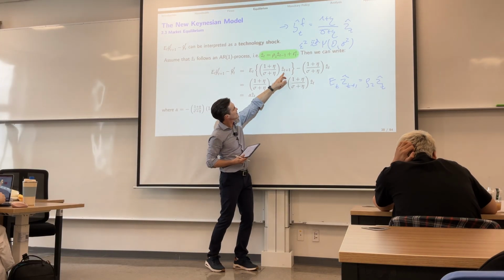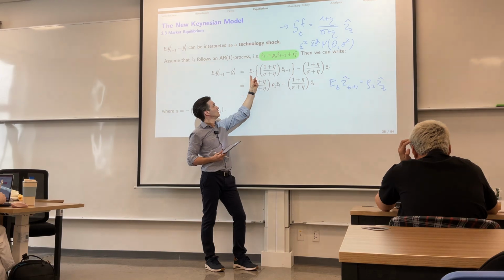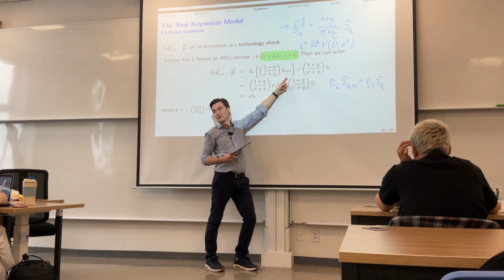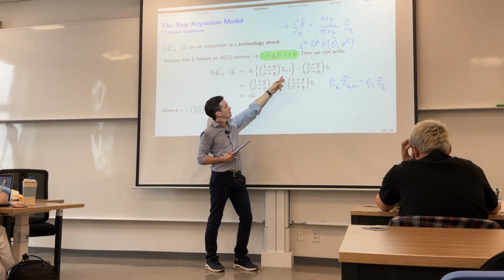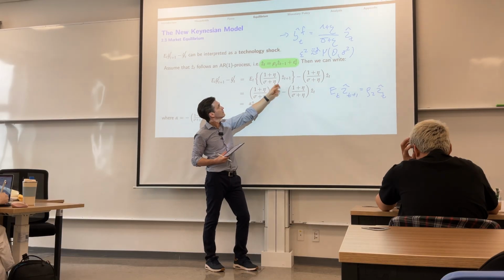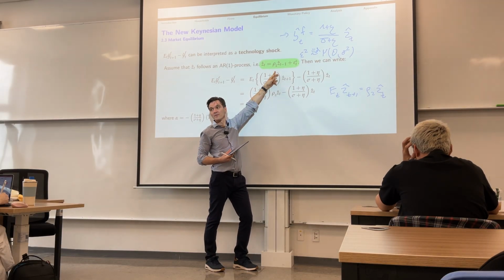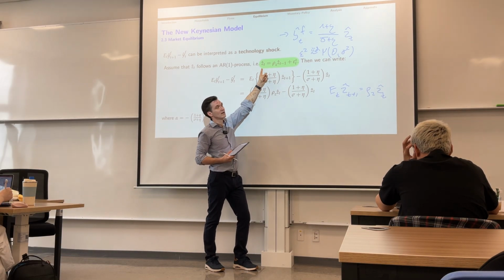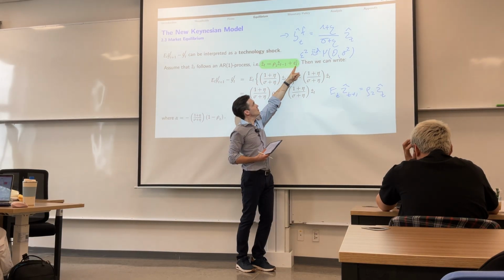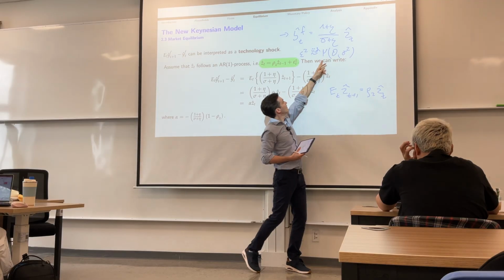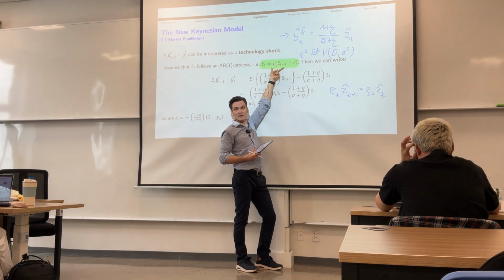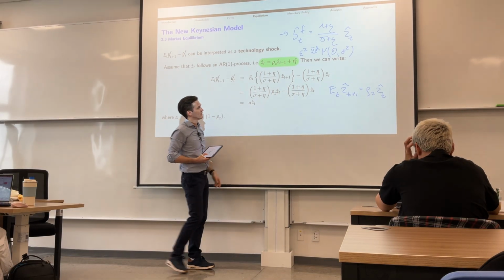That's that step from here to there. Notice that when we evaluate the expectation, E_t of Z_{t+1} is just rho_Z Z_t because it's an AR(1) process. Because of the AR(1) process, the conditional expectation of a random variable, because this has mean 0, is just rho times the current value.